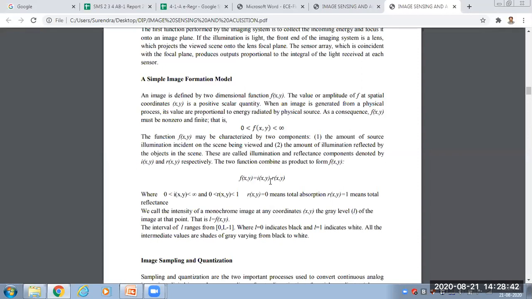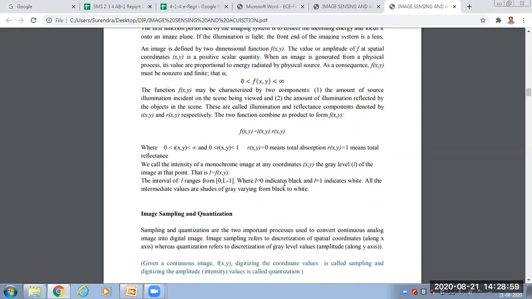So the basic fundamental formation of the image model is f of x comma y equals I of x comma y times R of x comma y. I of x comma y is the incident light, and R of x comma y is the reflected intensity value. Generally there is a scaling factor: the intensity scale is 0 to L minus 1.